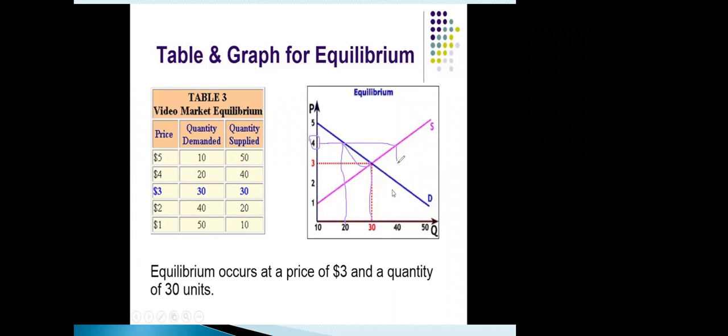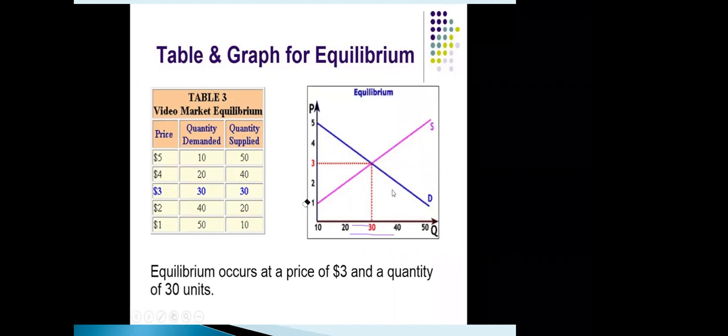Your supply is 40, but your demand is only 20. Understand? So whatever is the difference between these two, to remove this gap, I have to decrease my price up to 3. At that time my demand will increase up to 30. Getting this? So this may be a situation.